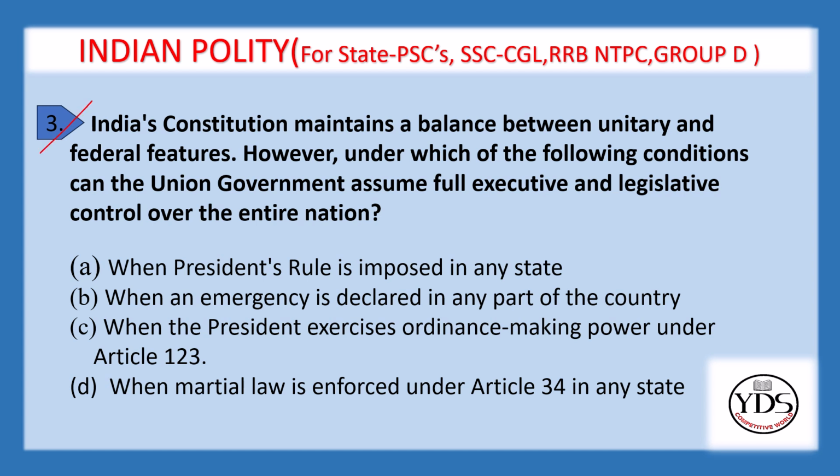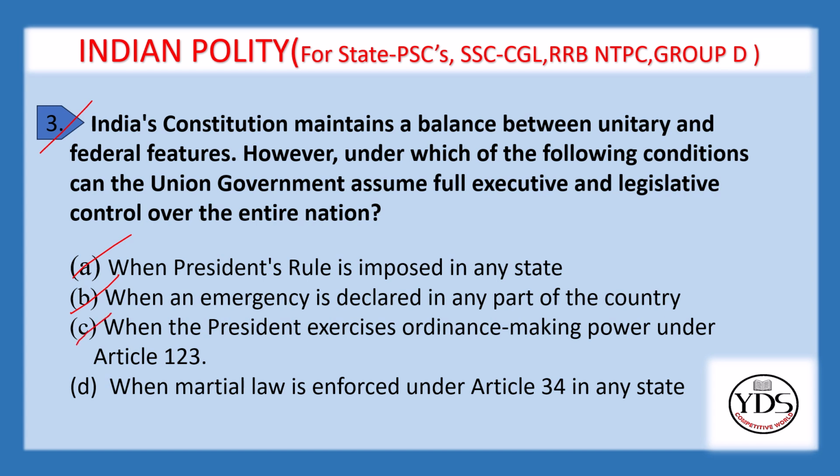Third question. India's constitution maintains a balance between unitary and federal features. However, under which of the following conditions can the union government assume full executive and legislative control over the entire nation? Option A. When President's rule is imposed in any state. Option B. When an emergency is declared in any part of the country.